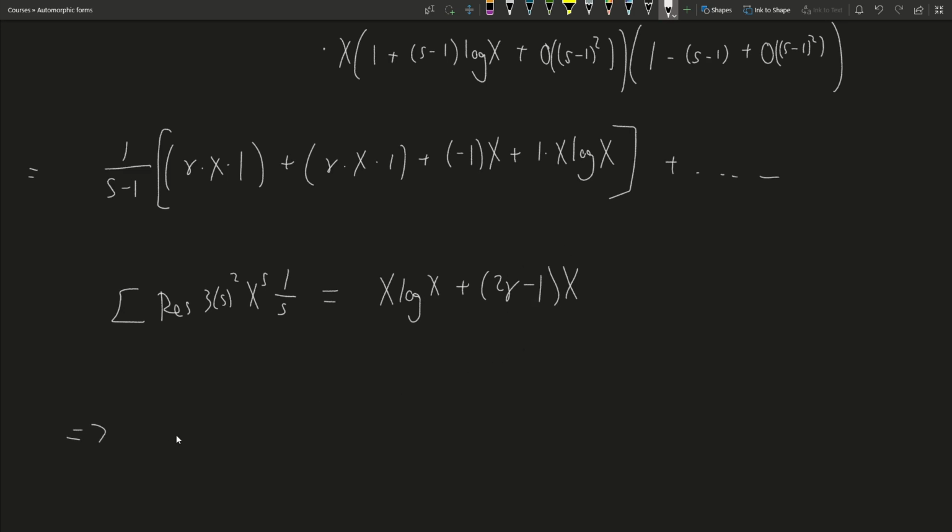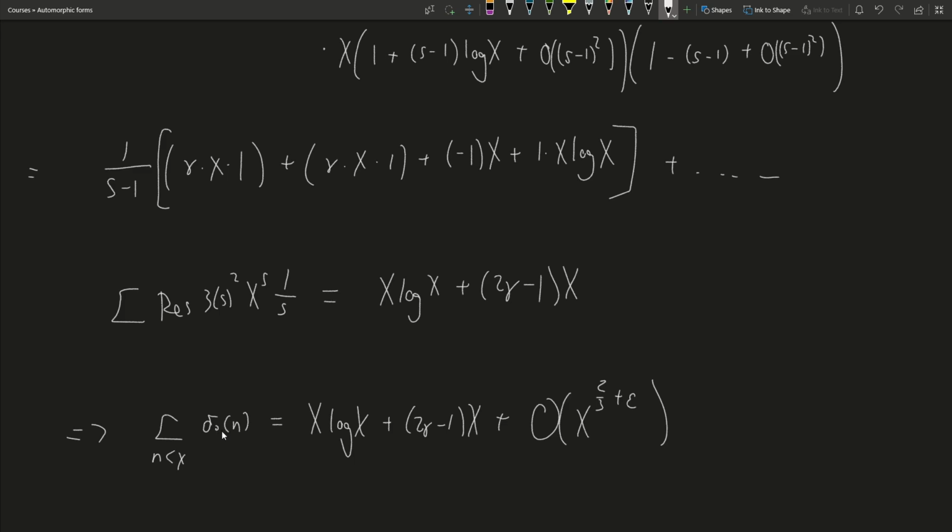So what this implies is that the sum over n less than x of the divisor counting function of n is equal to x log x plus 2 gamma minus 1 times x, and then our error term was O of x to the 2/3 plus epsilon.